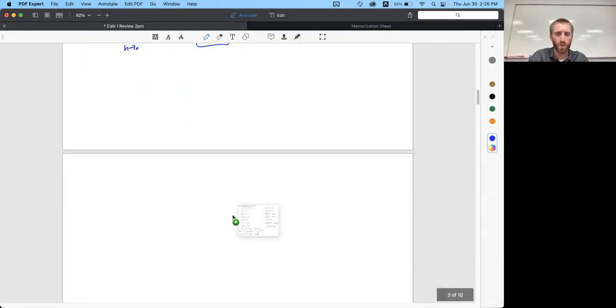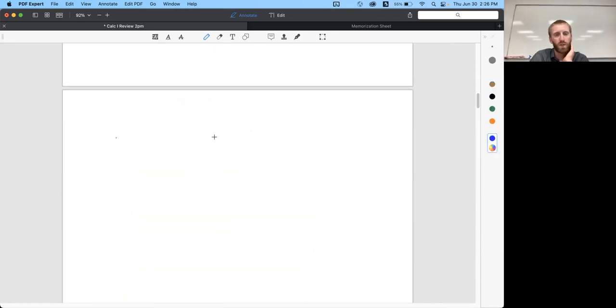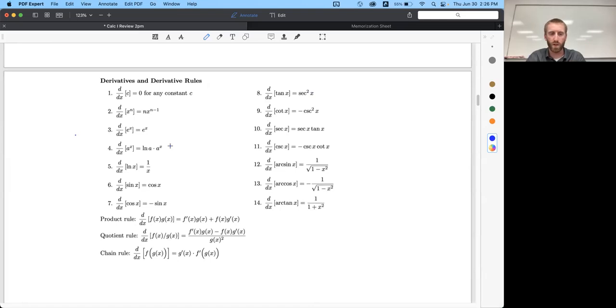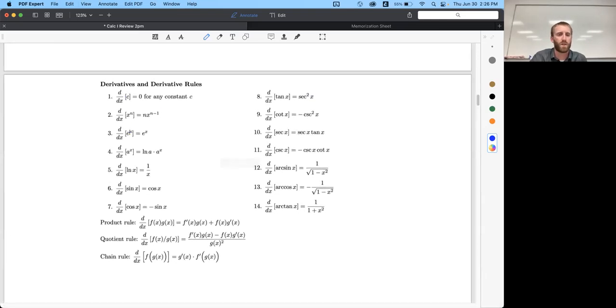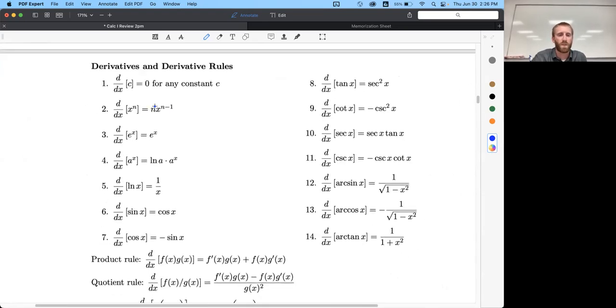We go through a bunch of different rules for common functions, like the derivative of a constant is 0. We just saw this one in action. The derivative of x squared was 2x. So basically the 2 came down in front, and then we subtracted 1 from the power. E to the x is its own derivative, super nice.